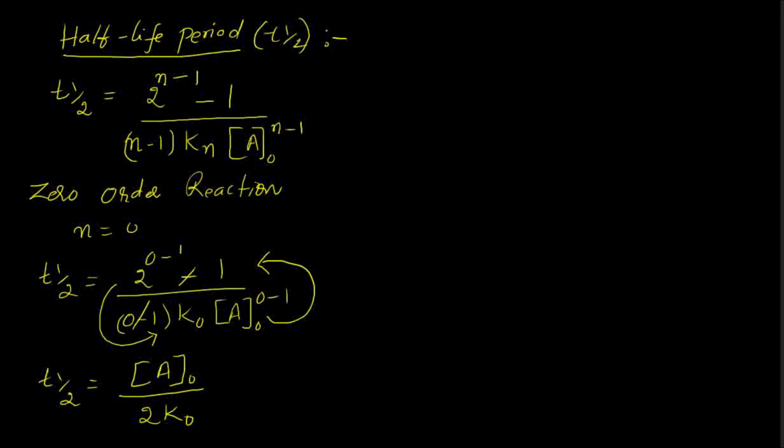Now this equation you can write as T half equals 1 by 2 k naught into a naught, in the form y equals mx.